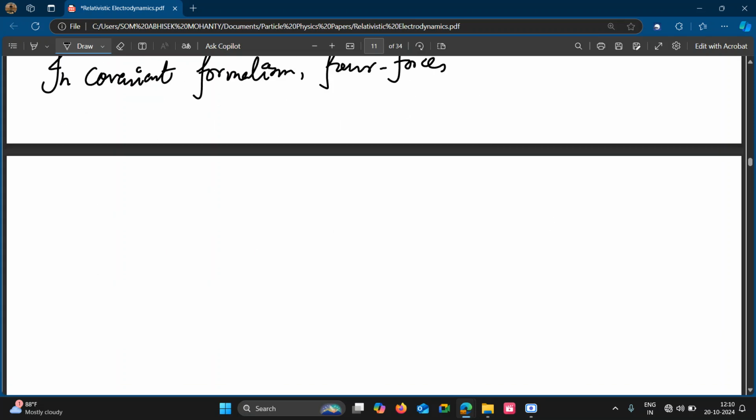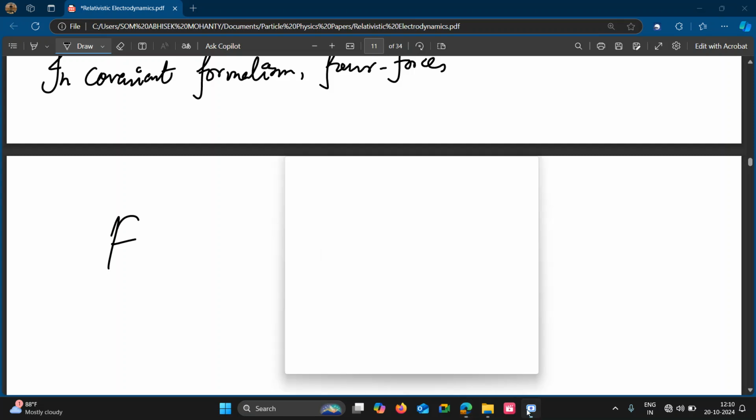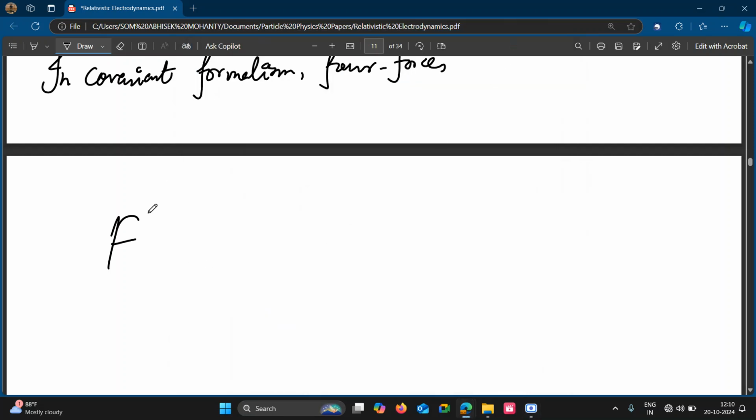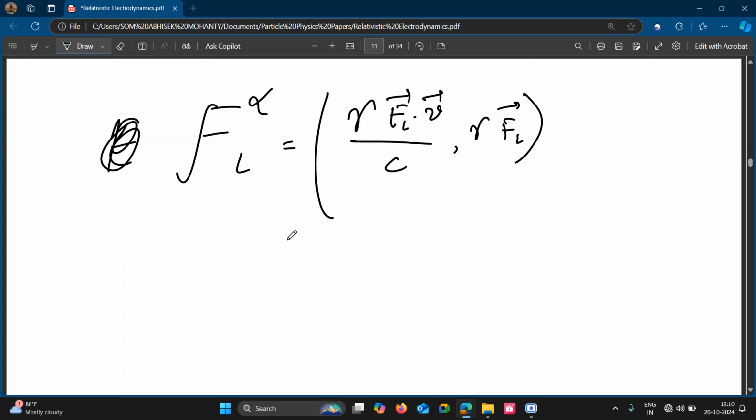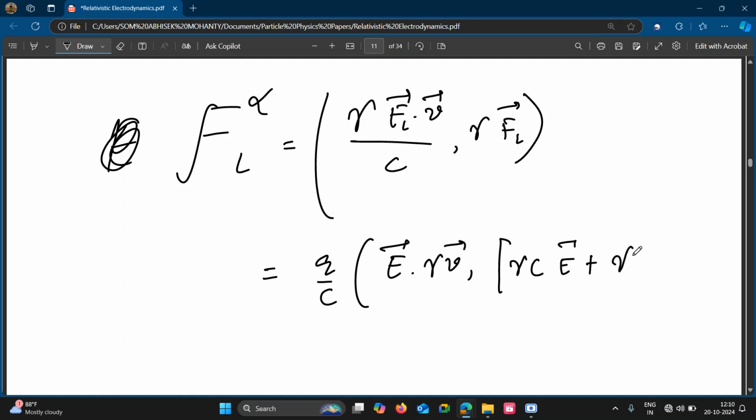The four force can be given as F alpha L equal to gamma FL dot V vector divided by c, gamma FL vector, which is equal to Q by c times E dot gamma V vector, gamma c E vector plus gamma V cross B vector.